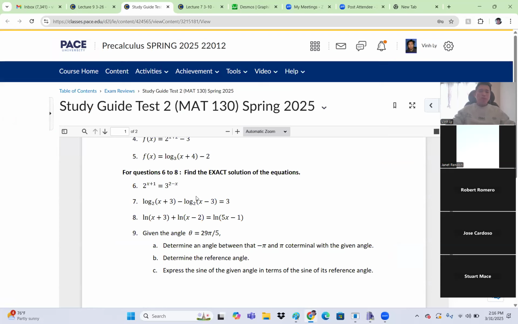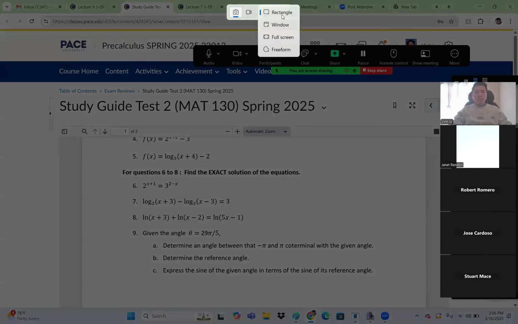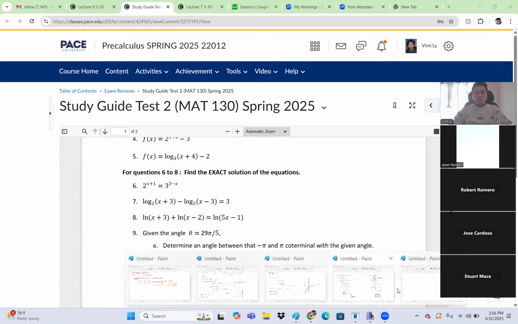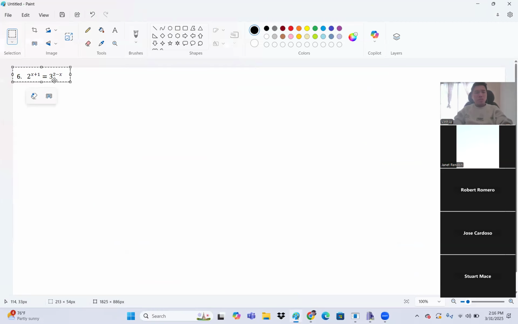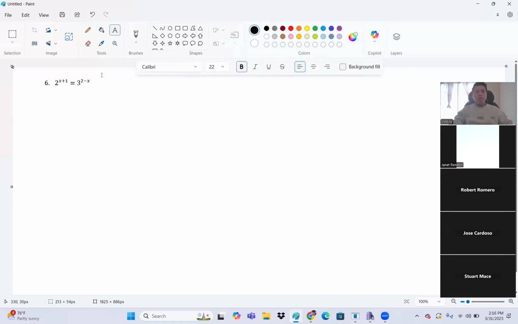All right, so let's do question 6. So that is a very important question. So you're definitely going to see this question on the exam. So very important. All right, so the first thing we have to do, we're going to take the ln of both sides.